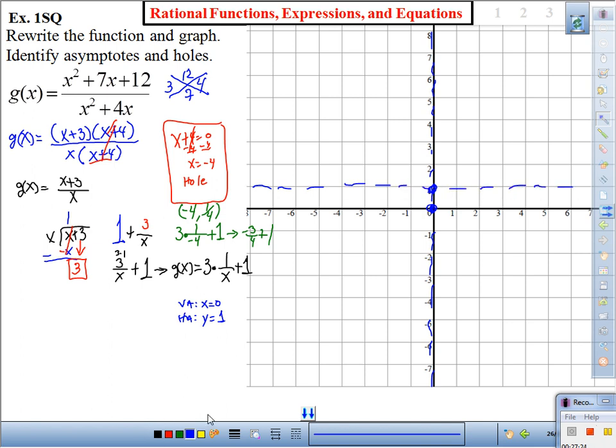The hole for that function is at negative 4 and positive 1/4, so it's about right there. Focus, please. So my function is going through there. All right. However, we need to reflect this point to the other side.